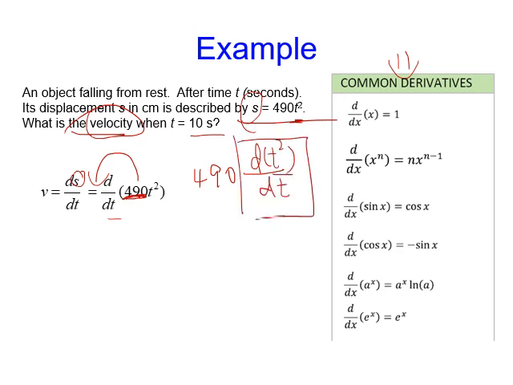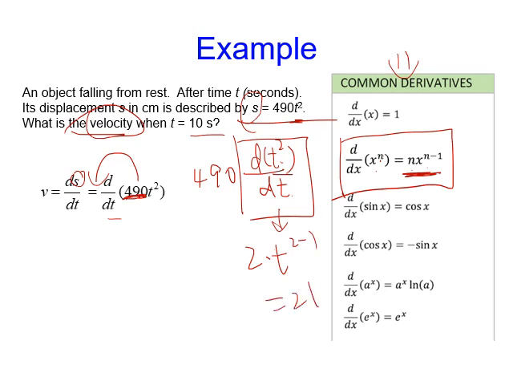We need to calculate the derivative of t squared over t. Looking at the common derivatives, it says the derivative of x to the nth power equals n times x to the n minus 1. So here x is t, and n is 2. According to this equation, it should be 2 times t to the 2 minus 1, and that gives you 2t.